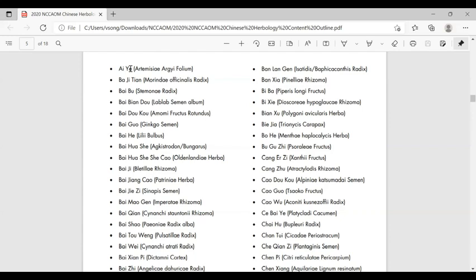That's why I've mentioned it's a good idea to know the category it comes from: aromatic transform damp focuses on the spleen and stomach, the middle jiao dampness.